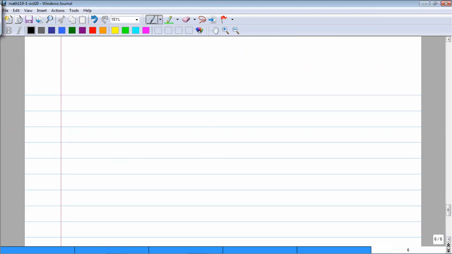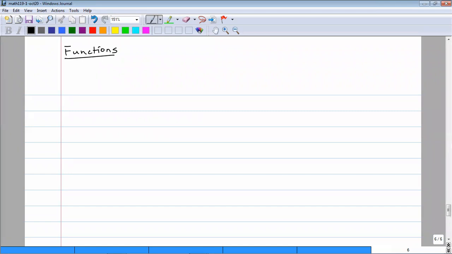Okay, and now I want to talk about the most important subject in the preliminaries, functions. Now, a function means you have one quantity which depends on another quantity. This dependence is defined in terms of a function.